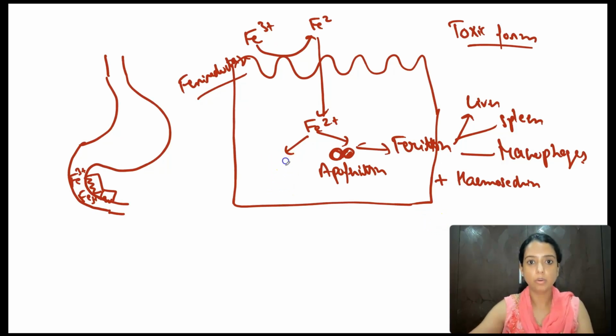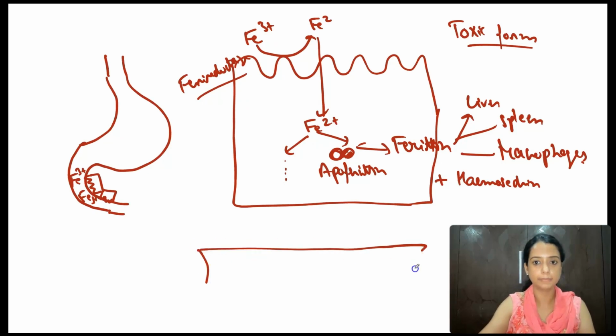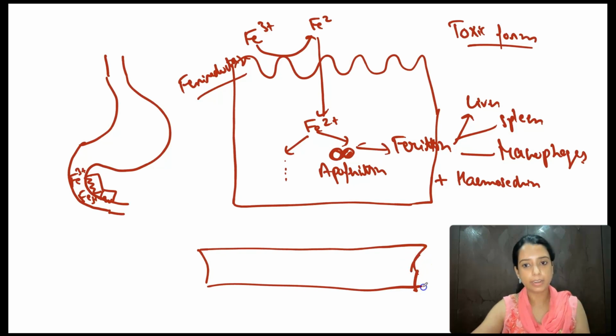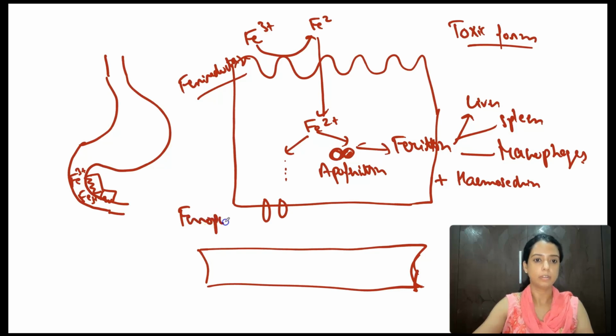Remaining ferrous iron goes into the red blood cell. It passes out of the enterocyte from a channel which is called as ferroportin. So through ferroportin it will pass and it will reach the red blood cell.